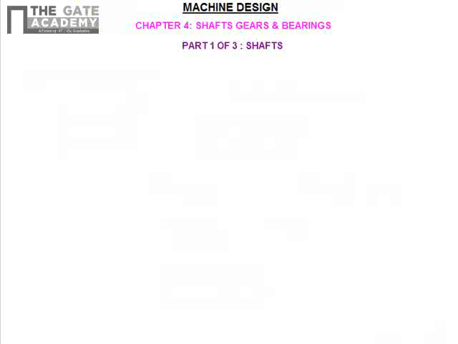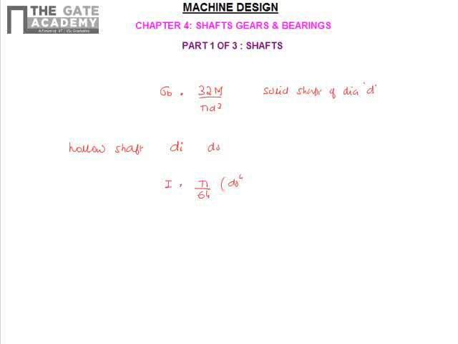Now we have seen that the bending stress is given by 32 M by pi d cube. This is for a solid shaft of diameter d. What about a hollow shaft with inner diameter Di and outer diameter Do? In this case, the moment of inertia is given as pi by 64 into Do raised to 4 minus Di raised to 4. y is given as Do by 2.